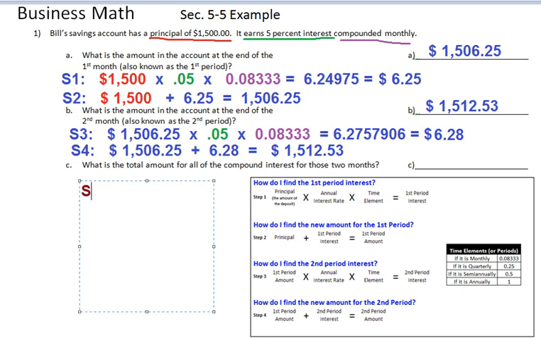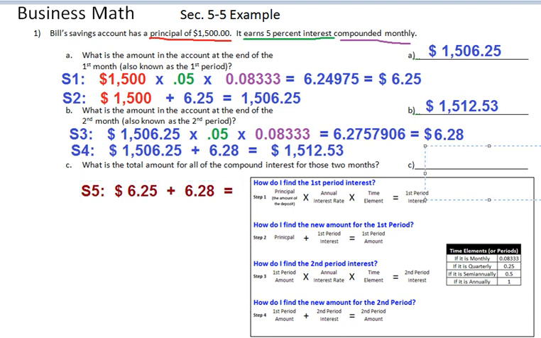You can call this, if you want, step 5. And so what we are going to do is take 6.25 and add it to 6.28. And we get our final answer for C. $12.53.